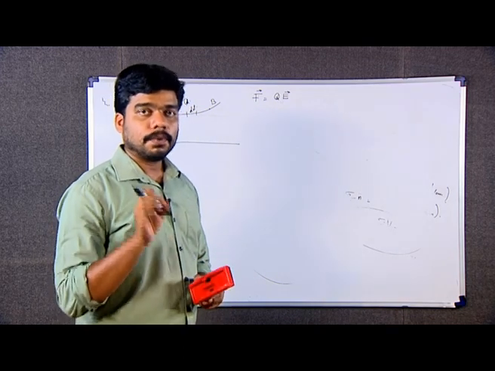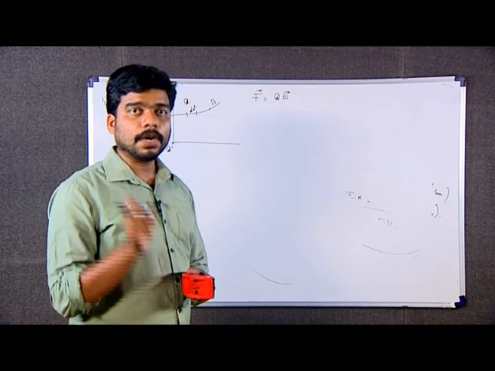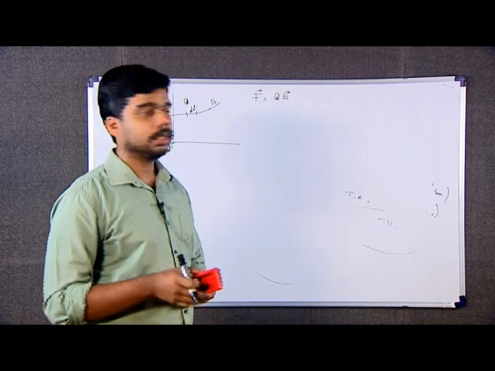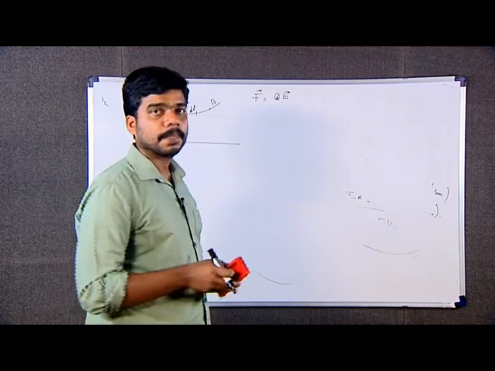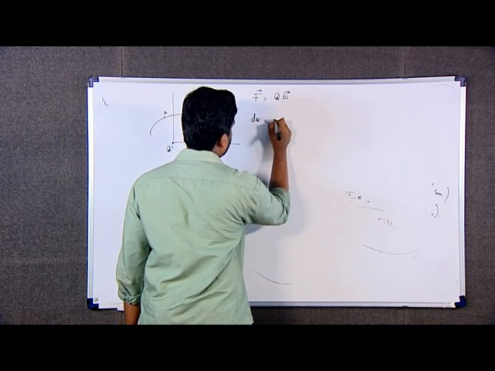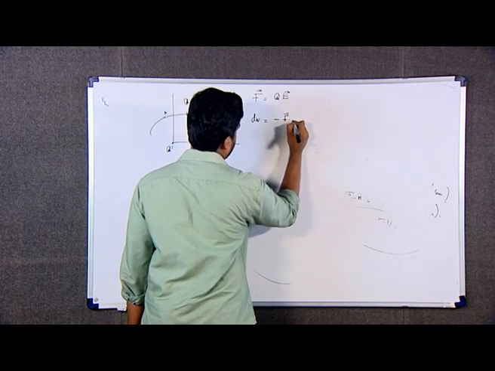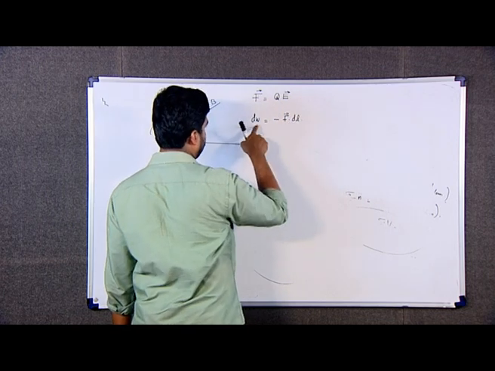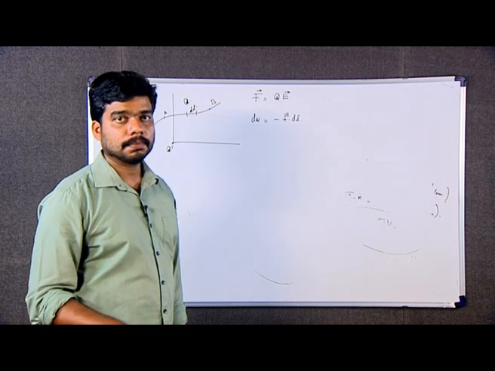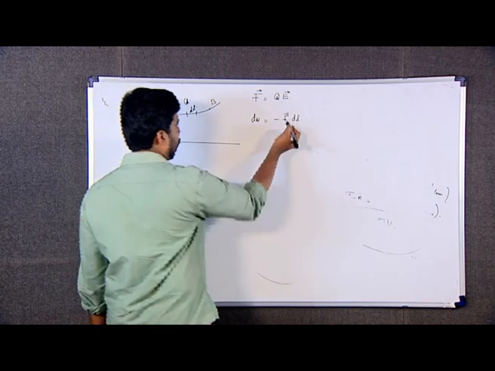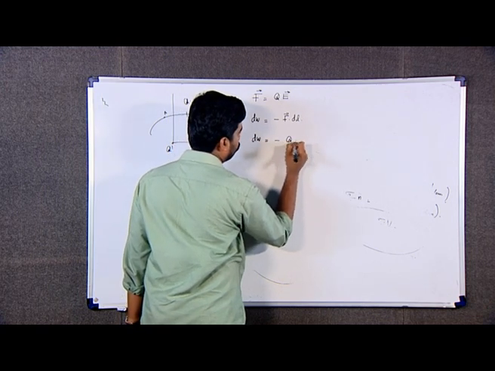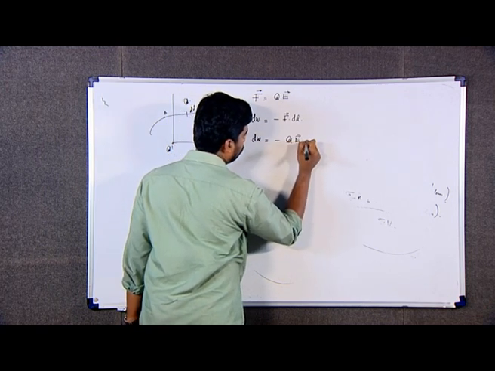So, how much work should I do to push this charge through a displacement of dl? dW is equal to minus F dot dl. Since I am doing the work against the field, I should put this negative sign. So, substituting the value of F, dW is equal to minus Q E dot dl.